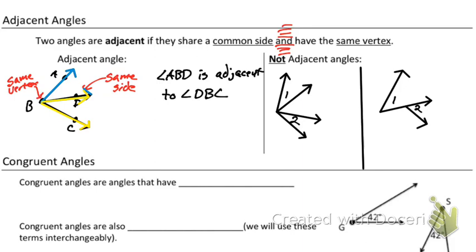So 1 and 2 are not adjacent. Think of that when you're doing these, okay? They have to look just like this. There's no way to hide it. There's no way to sneakily have adjacent angles. It basically looks like 3 angles all in one.